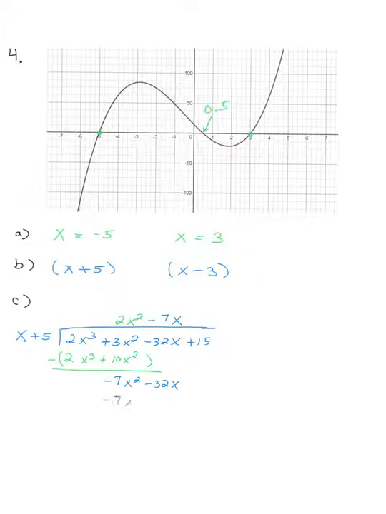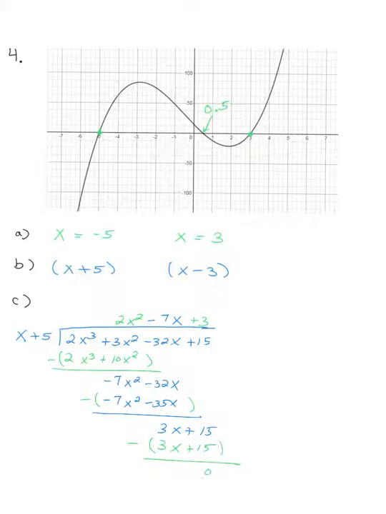I get a negative 7x squared minus 35x. And when I subtract this, that's a positive 35 minus 32, which is 3x. Okay, that's a good thing, because I can now multiply by 3 to give me 3x plus 15 with a remainder of 0.